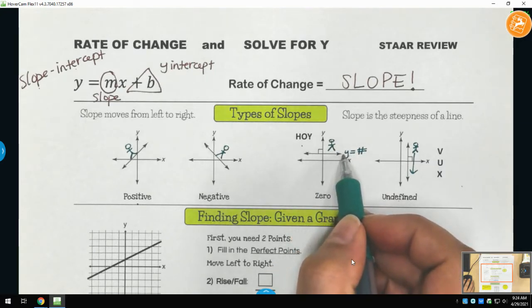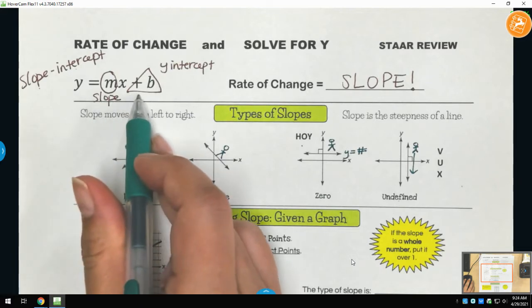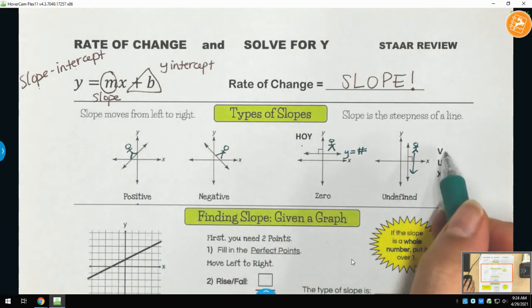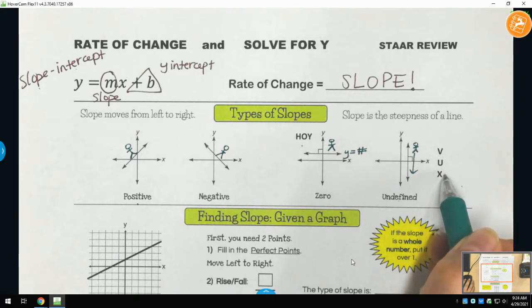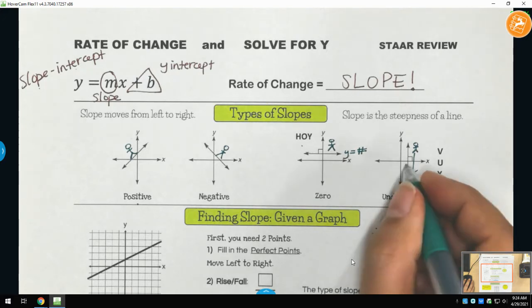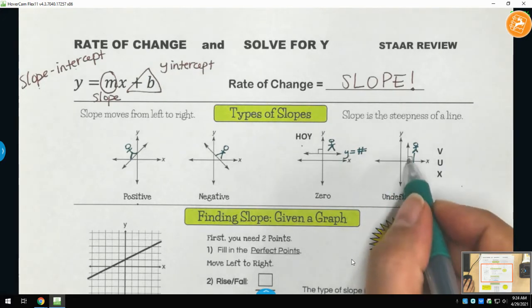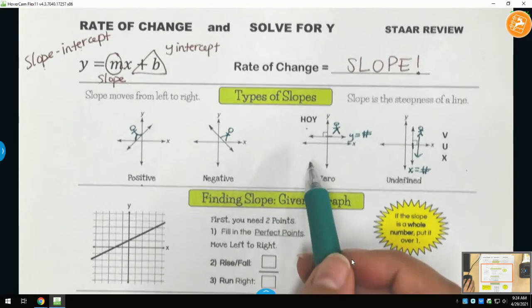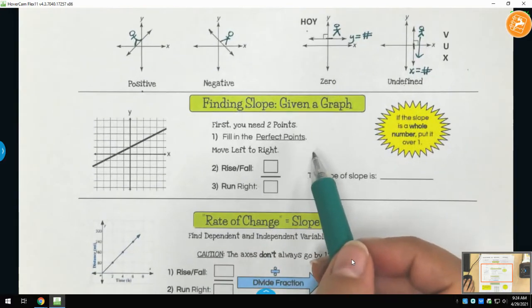So they look a little different than our y equals mx plus b equations. Same thing is true for VUX, vertical, undefined slope, x equals equations. Okay, so this would be the equation x equals a number, and that would just be wherever the line crosses the x-axis or the y-axis. Okay, so just a little refresher on that.